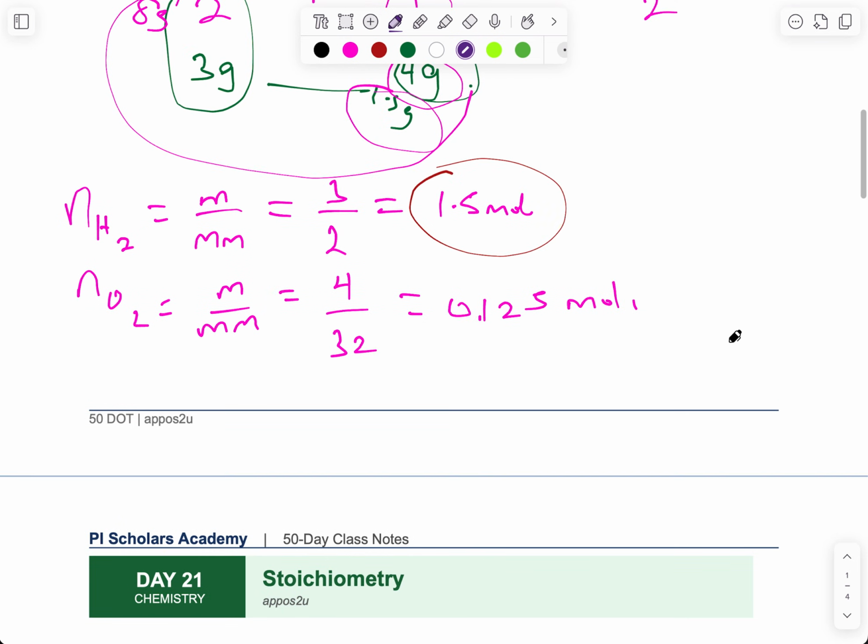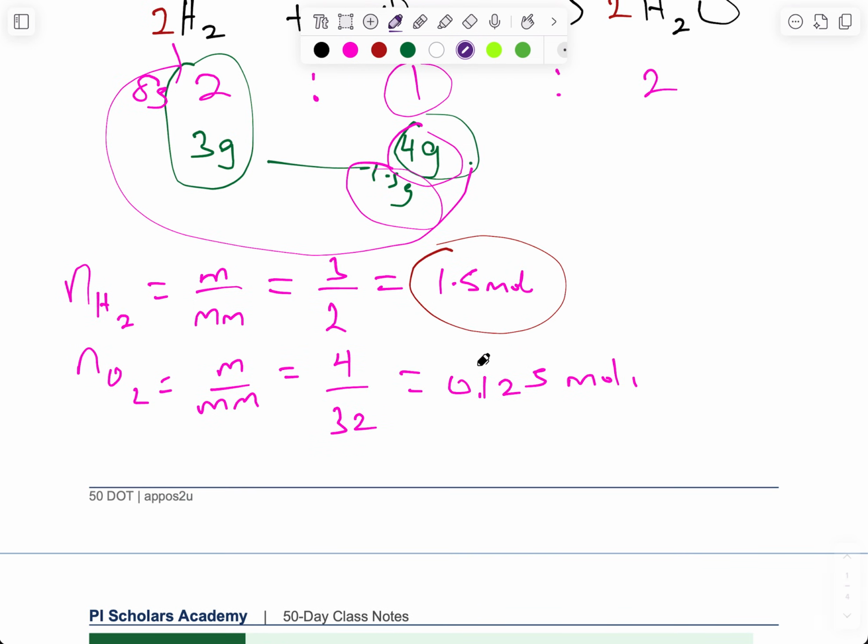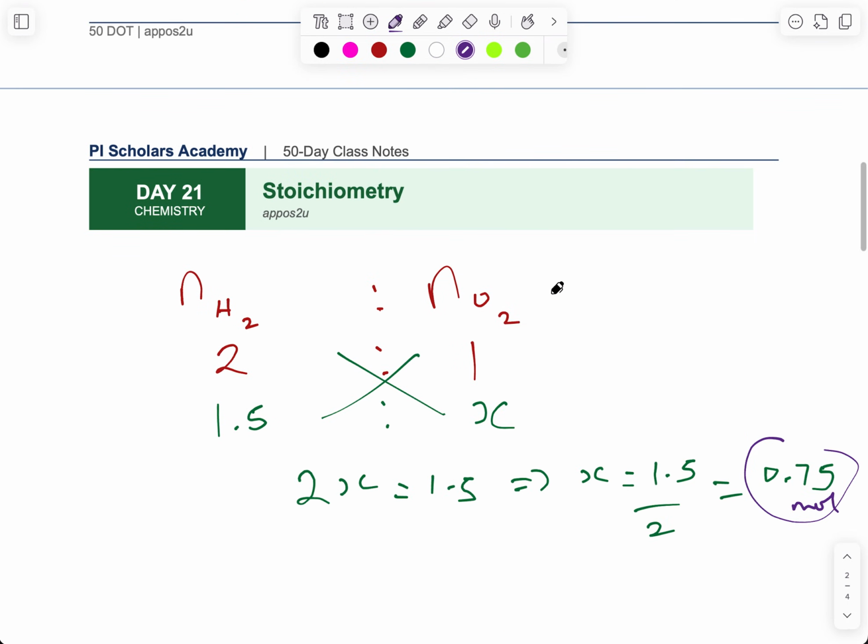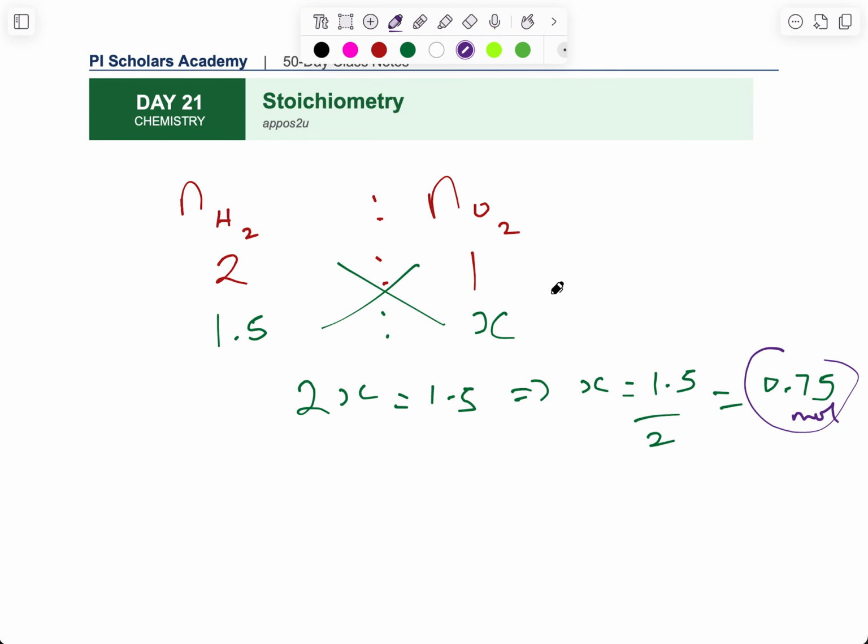I have 0.125 mole of oxygen, but what do I need? I need 0.75 mole of oxygen. That implies that I have less, because what I have is 0.125.